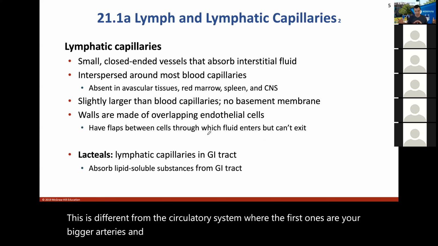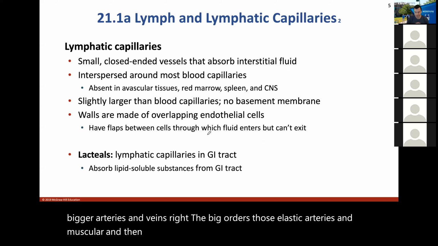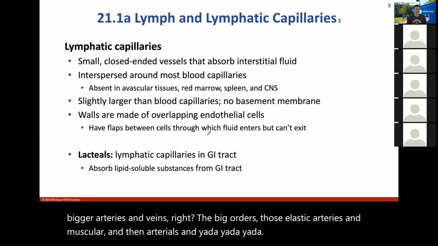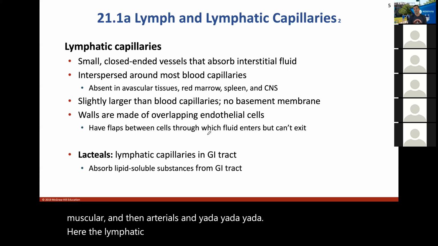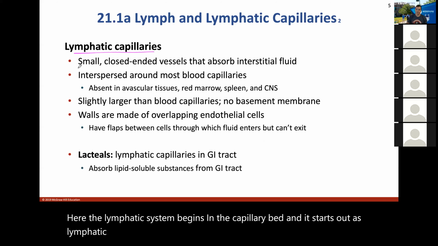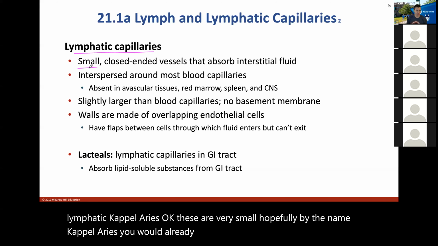The big elastic arteries, then muscular, and then arterioles, and so on. Here, the lymphatic system begins in the capillary bed, and it starts out as lymphatic capillaries, okay? These are very small. Hopefully by the name capillaries, you would already associate small with that. And these are closed-ended vessels.